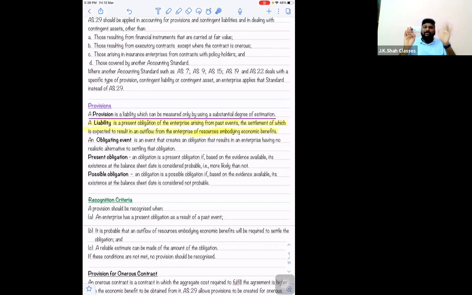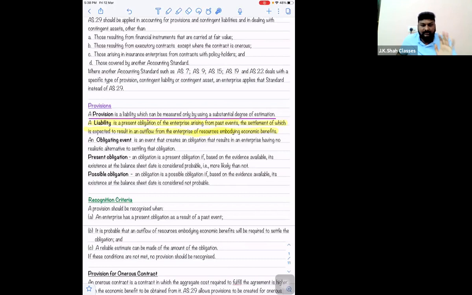It will not become your obligation at all. So when it is remote, you just ignore the contingency. But between probable and remote lies possible obligation. And if your contingent liability is in the state of possible obligation, it is always recorded in the notes to accounts.